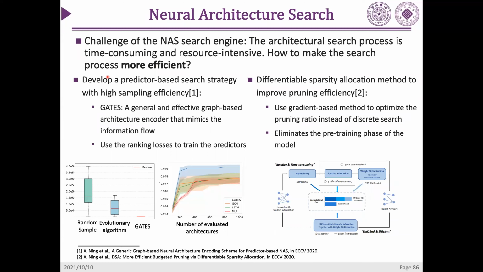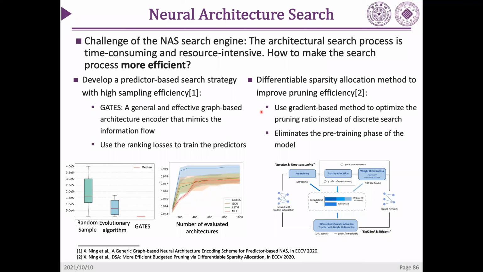We try to do it in two ways. One way is to develop a predictor-based search strategy with very high sampling efficiency. The other is to use a differentiable sparsity allocation method to improve the pruning efficiency. These are only our two trial methods.